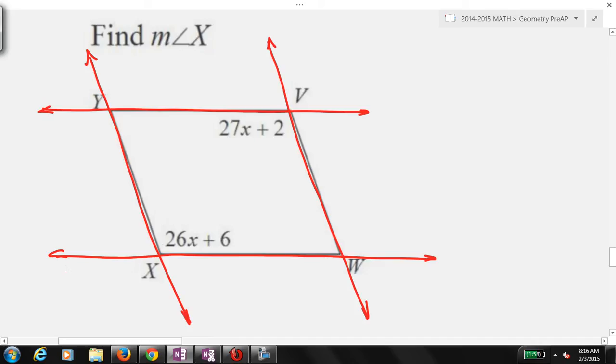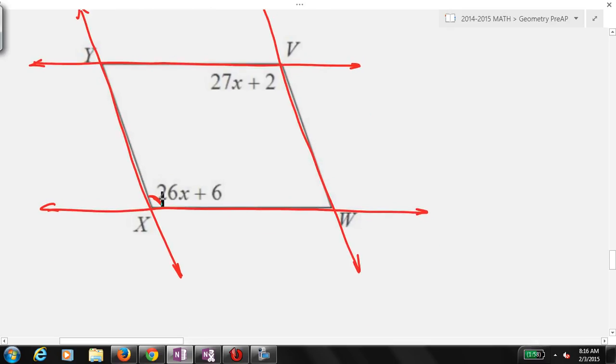Now this one, it does require us to move some angles a little bit. For example, I'm going to start with that 26x plus 6. I'm going to go ahead and remember this line is parallel to this one. I can only jump from one parallel line to the next one.